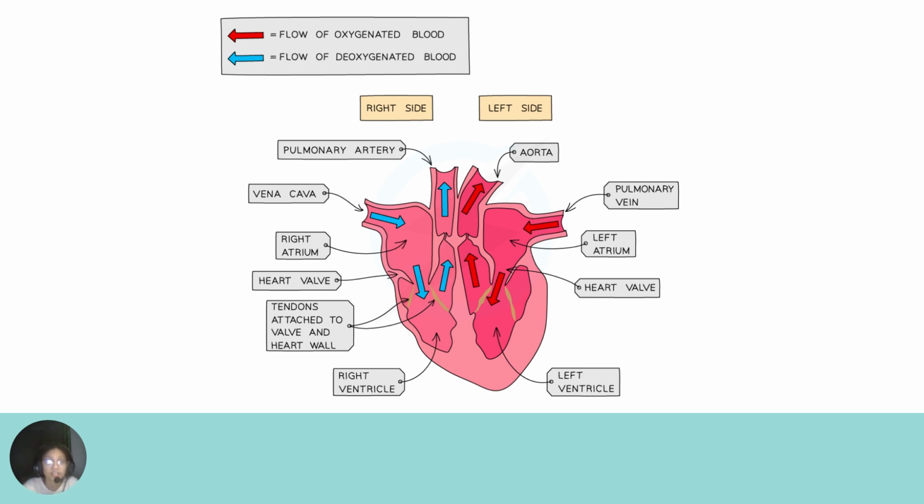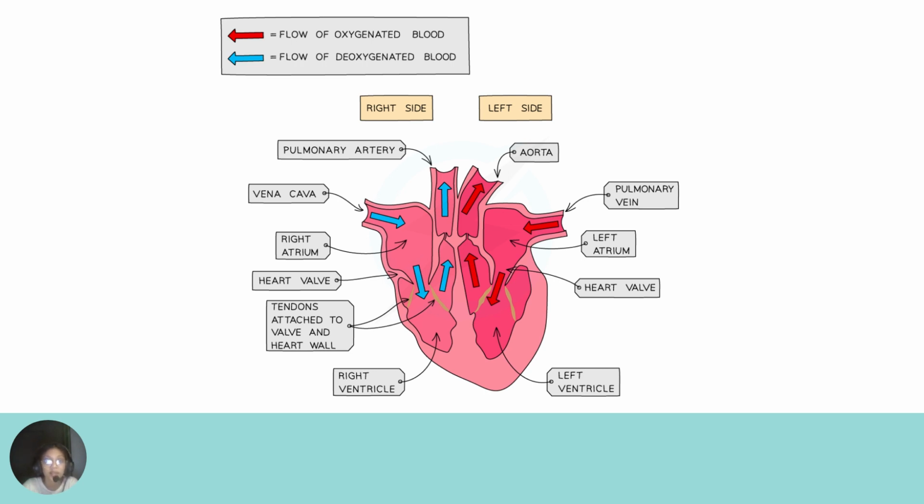The deoxygenated blood goes through the vena cava to the right atrium, and then from the right atrium, through the right heart valve, which is called the tricuspid valve, it goes to the right ventricle.